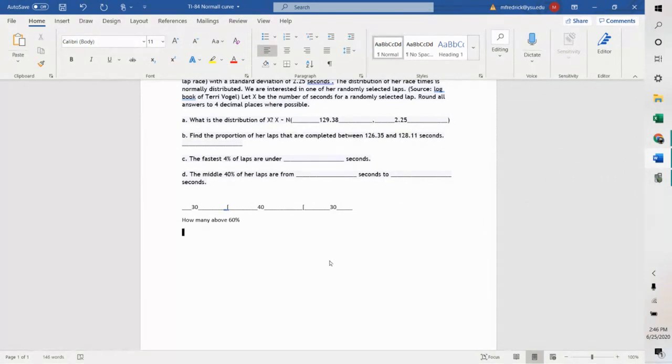Then we would go, because we'd have 40% and then our number. And then here would be our 60. So if we wanted above 60, we wouldn't put 60 in because you're always putting in the percent below it. So we would put in 40.